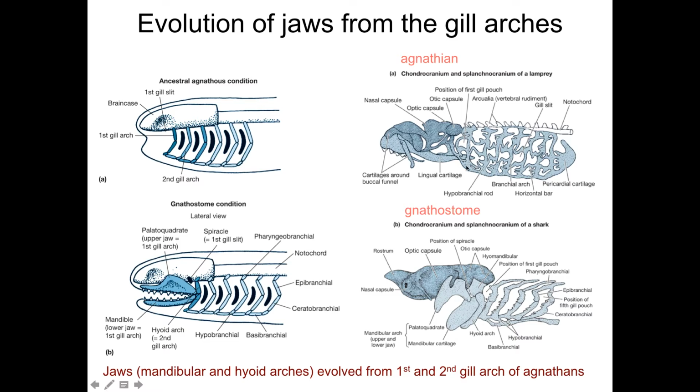And so here you can see the gill arches and the pouches. And then this is the pharynx region of a shark, and you can see the mandibular arch and the hyoid arch here. So these are thought to have derived from the first and second gill arches of the jawless vertebrates.